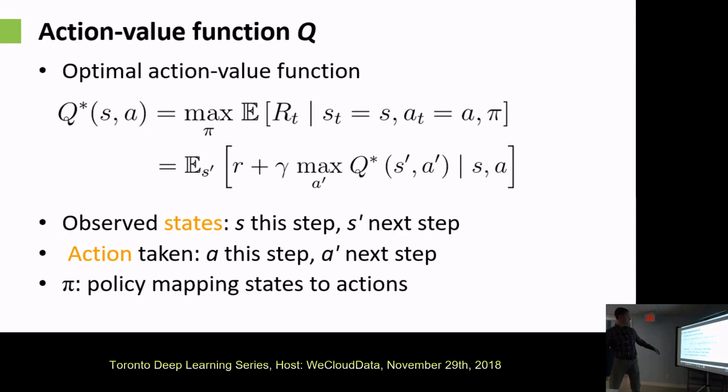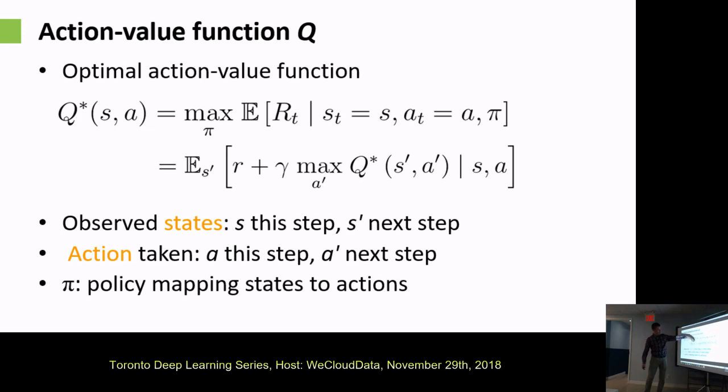So you can rewrite this equation as the expectation over S prime, the next state that you're going to get into, and the expected reward that you're going to get from that state.